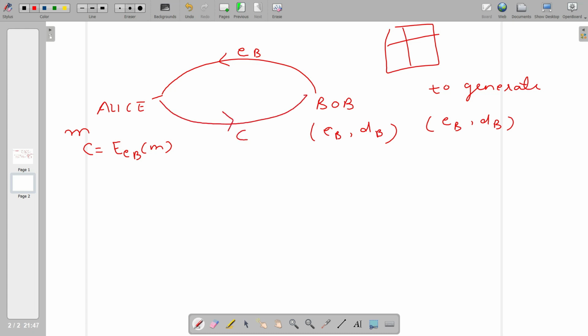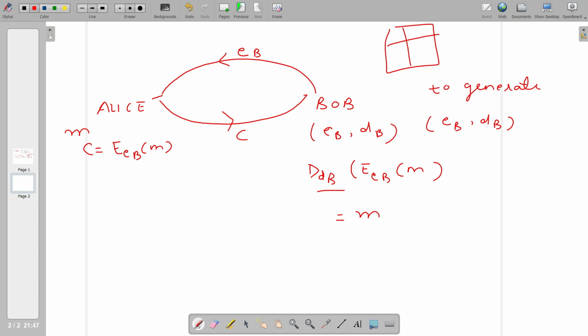This ciphertext can be decrypted only with the help of decryption. Decryption will be done at Bob's end, and Bob's private key and public key have been chosen such that this decryption can be done at Bob's end using its private key. No one else can decrypt. So this should be equal to M.